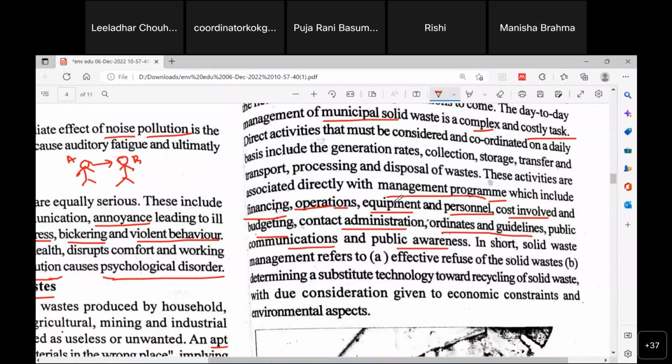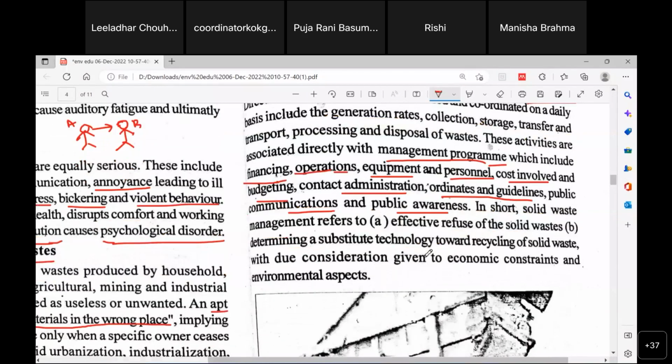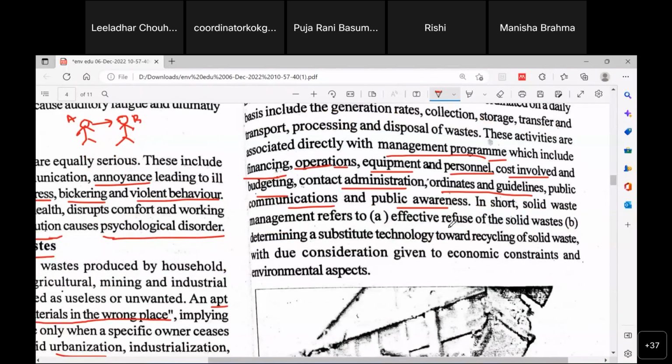So these are the aspects that have to be considered while managing solid waste. There should be a proper way. If we can do all this, then to a fair extent we can have good management of solid waste. Okay, now how can we reduce solid waste?